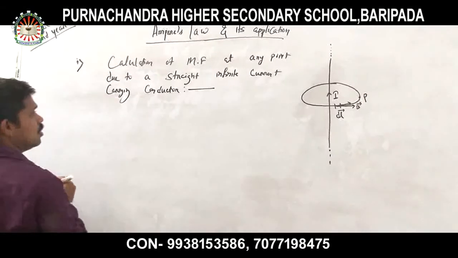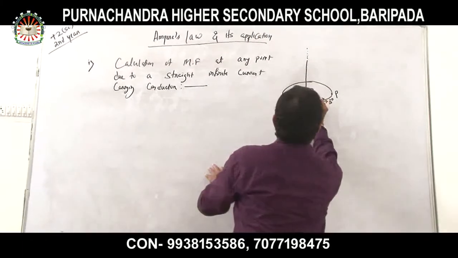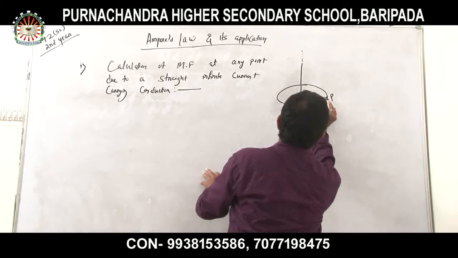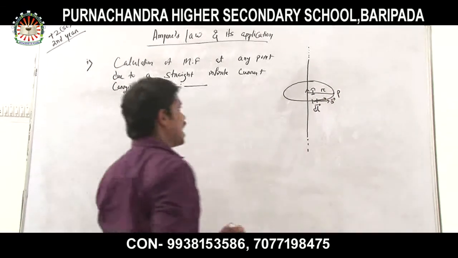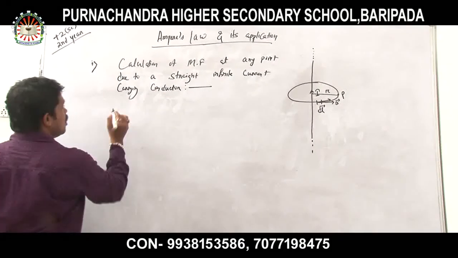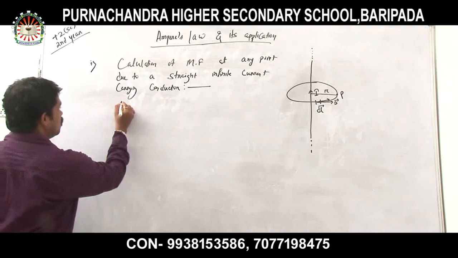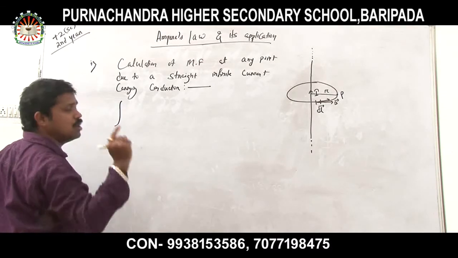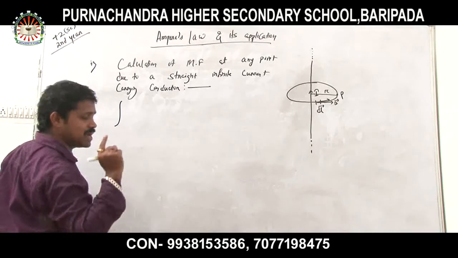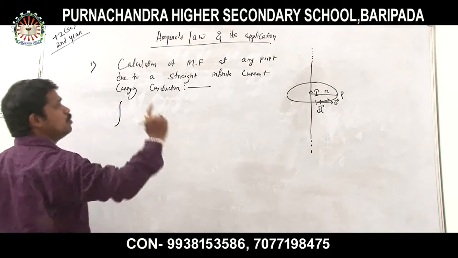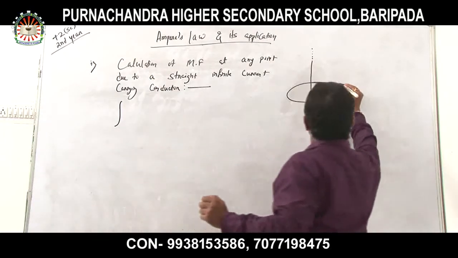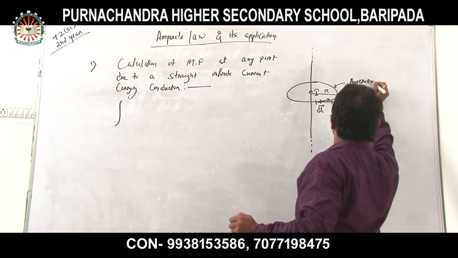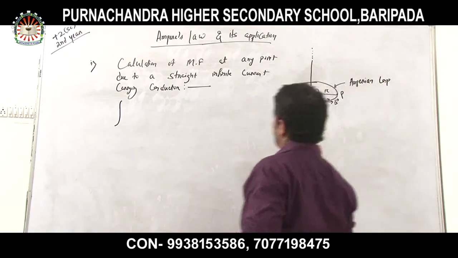Now suppose the distance from this conductor to this point P is R. First of all, I have to find the line integral of the magnetic field over a closed loop. This is my imaginary closed loop, and this is called the Ampere's loop. Just as I told you.